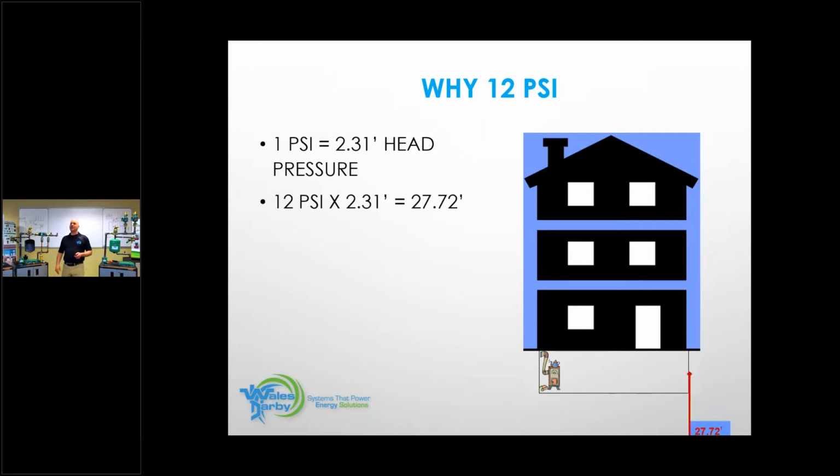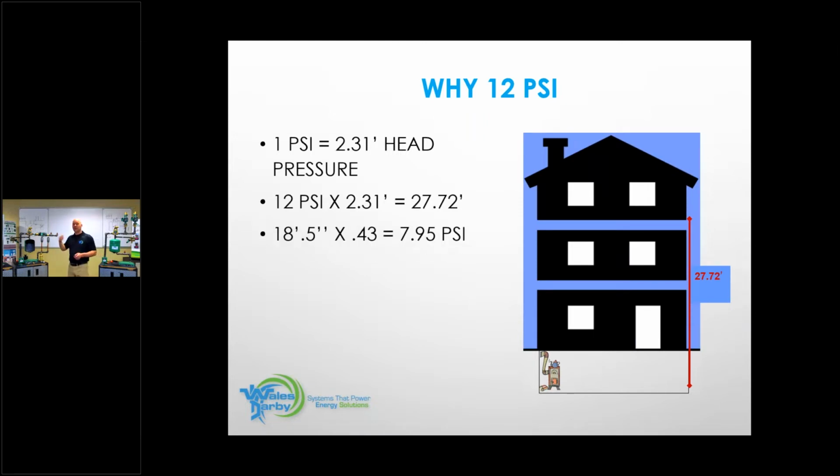So that means we have the ability to elevate water from the lowest point in our boiler to the highest point in the house, 27.72 feet from the boiler to the highest point with our standard 12 PSI expansion tank and our standard 12 PSI feed valve.